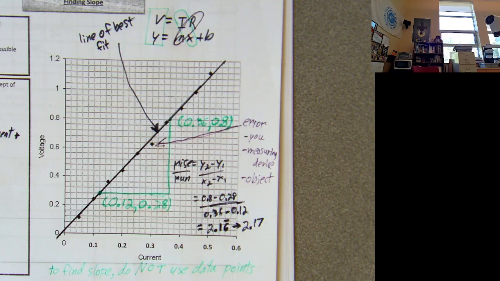And so you're going to often, even though most of the relationships that we look at are going to be linear in this class, get data that for whatever reason isn't. And that's okay. Because we know that the relationship should be linear, and those plots, like if you stood far enough away, and I threw those dots up on the screen, you'd be like, yeah, that looks like a straight line to me.